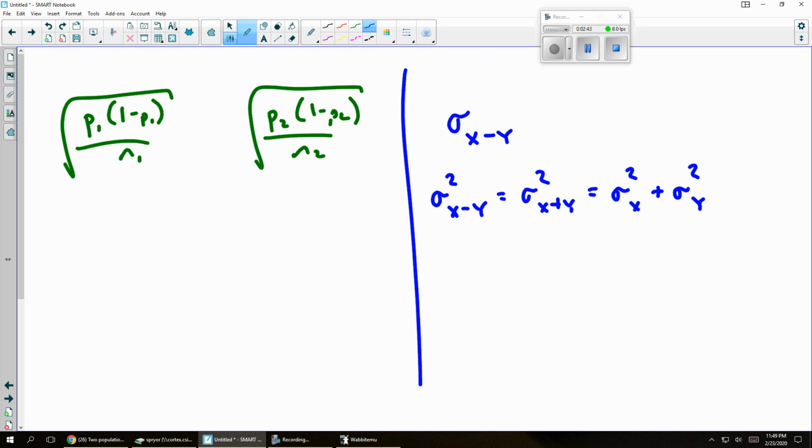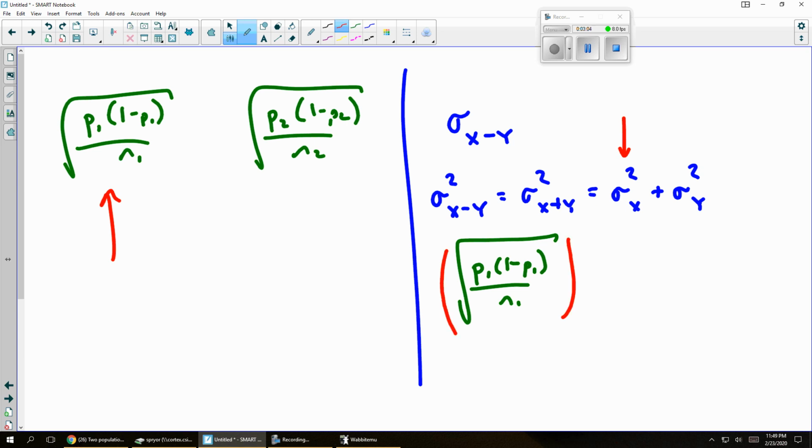So if I consider first this, the variance of this side is what I had before, P1, 1 minus P1 over N1 with the square root, but then I still need to square it all. So I need this. And likewise, when I want to find the variance of that, it's exactly what I have written there.